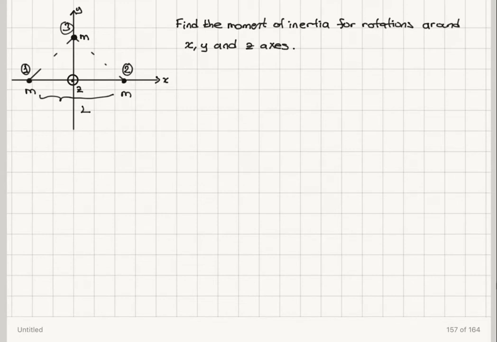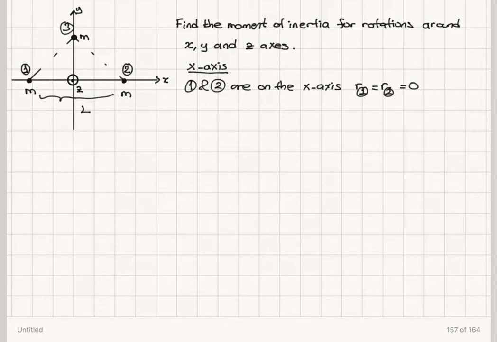Okay, so let's start with the x-axis rotations. What is the distance between particle 1 and the x-axis? Particle 1 and particle 2 are on the x-axis, so their distance to the x-axis, r1 and r2, are 0.